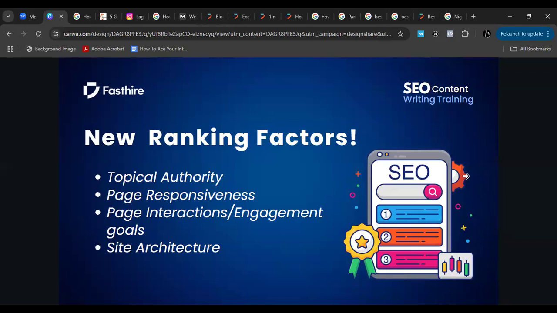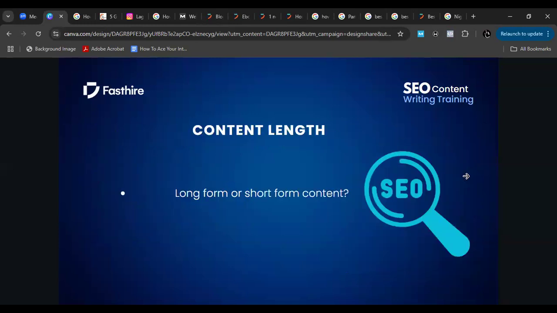So that said, what is content length? I mentioned it briefly, but it's important to drum it home that in the current SEO techniques, content is not just about long form content, and it's not just about short form content either.